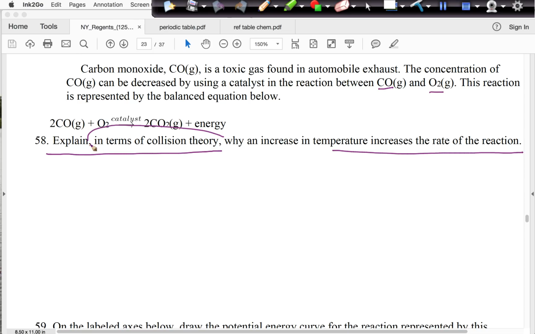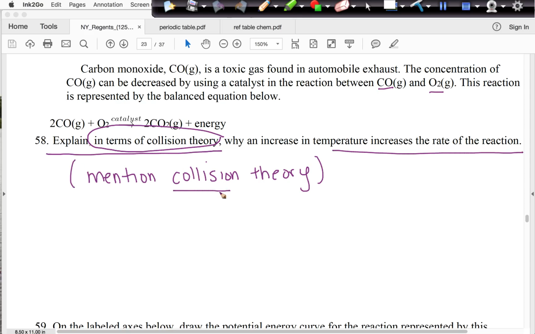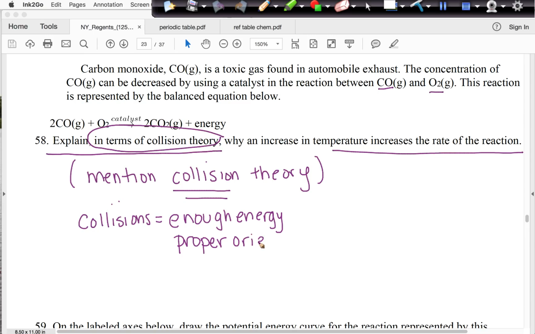So again, remember, whenever they give you something that says in terms of, we need to mention something about collision theory. Remember that collision theory states that in order for a reaction to happen, particles must collide. Those collisions, in order to be effective, must have enough energy and proper orientation.